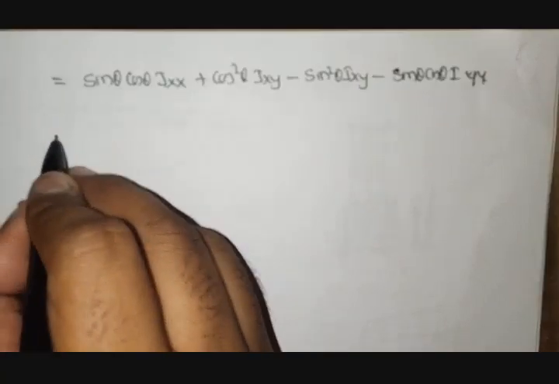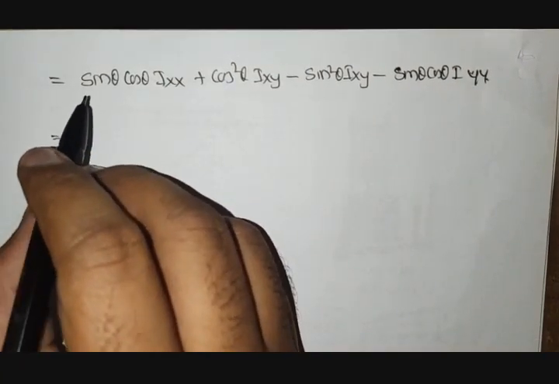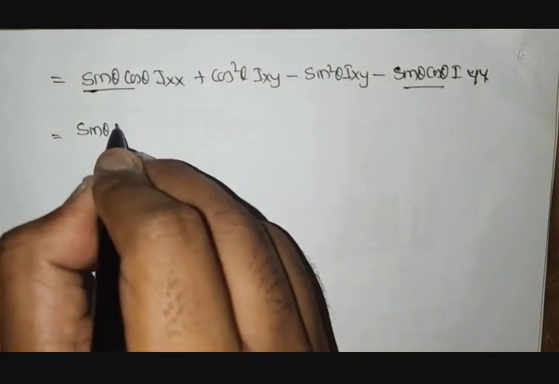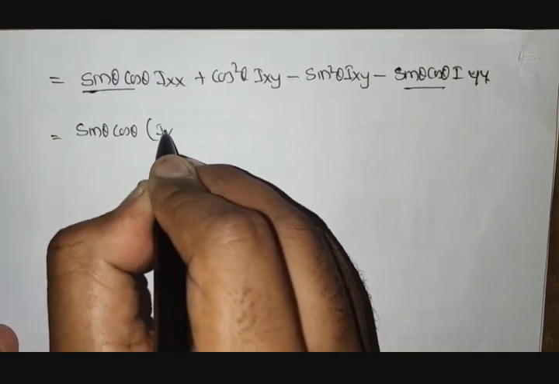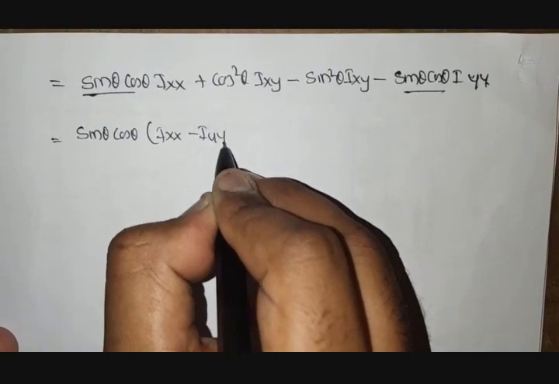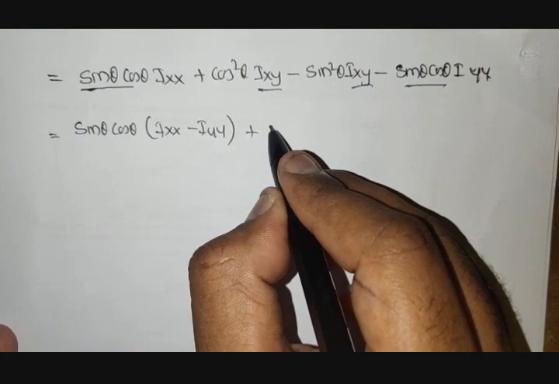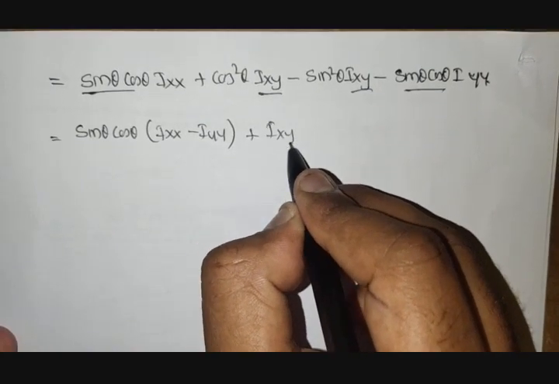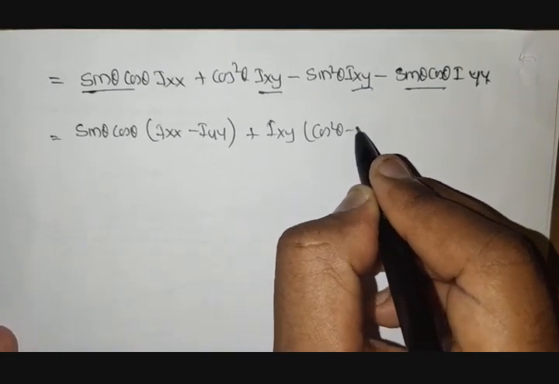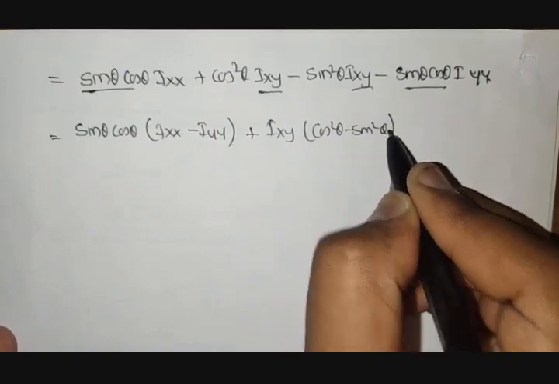Make the common terms: the common terms are sin theta cos theta. So sin theta cos theta of (Ixx minus Iyy) plus Ixy of (cos square theta minus sin square theta).